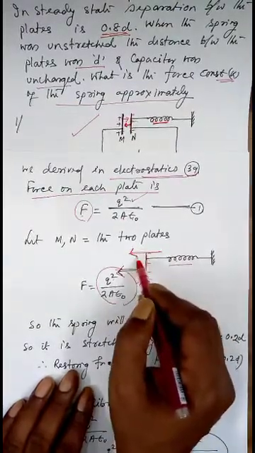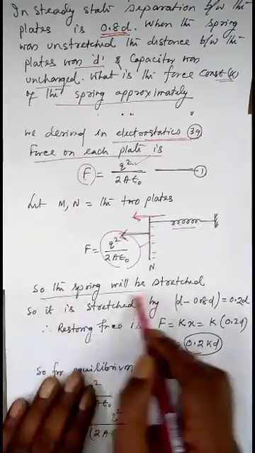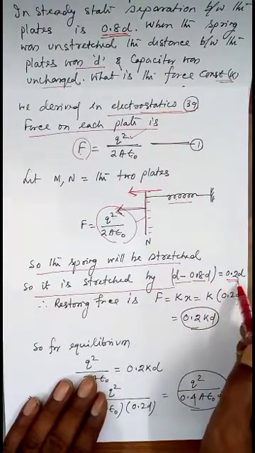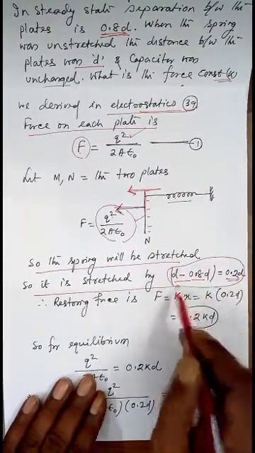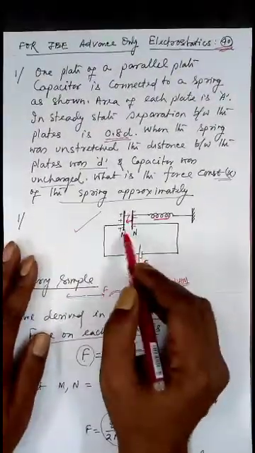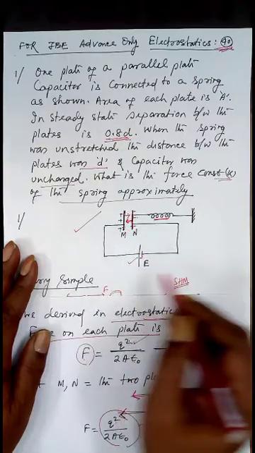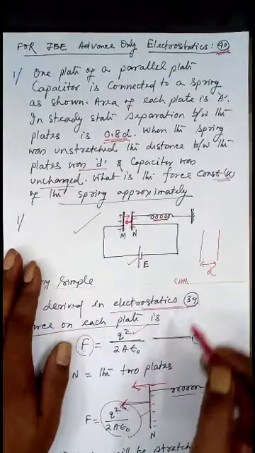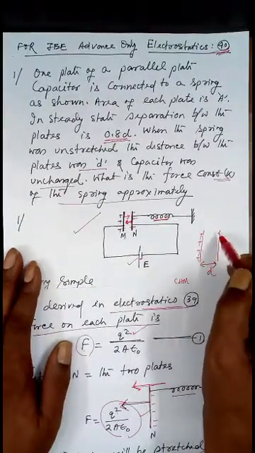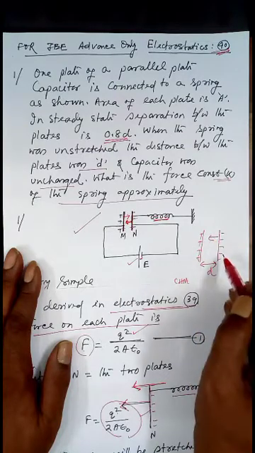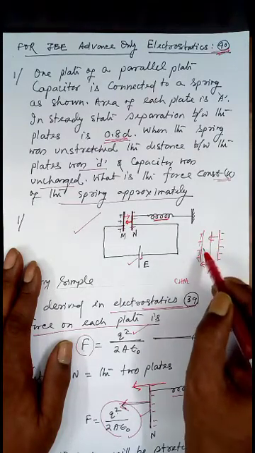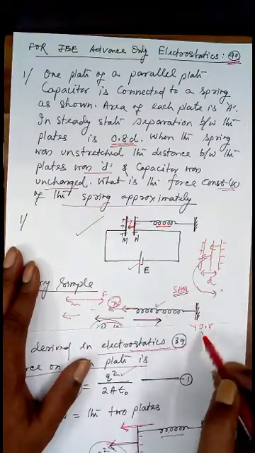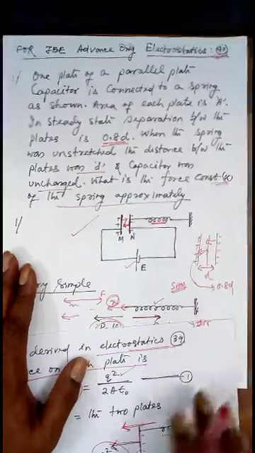Now by what amount is it stretched? It is stretched by d minus 0.8d, that is equal to 0.2d. When the capacitor was not charged, the distance between the plates was d. After charging, due to the force, the distance has been reduced to 0.8d.